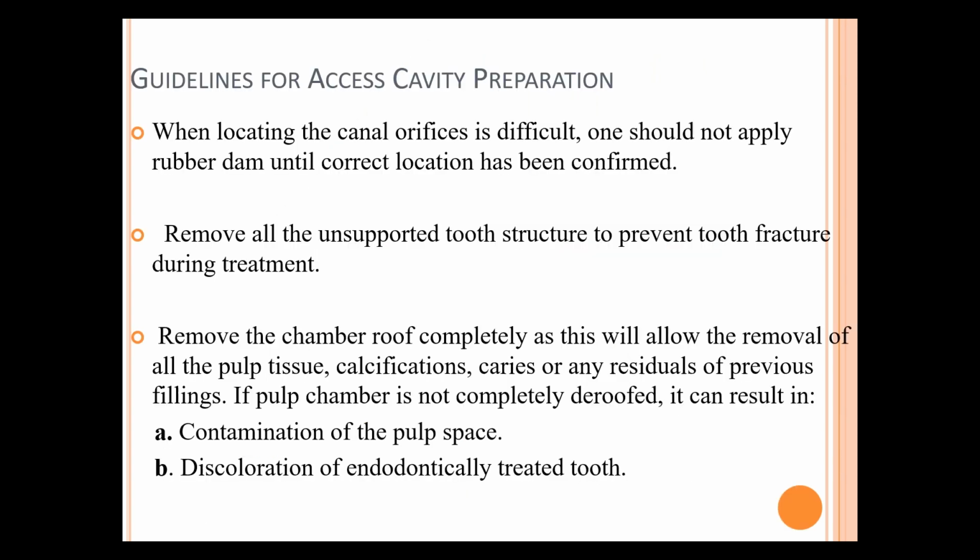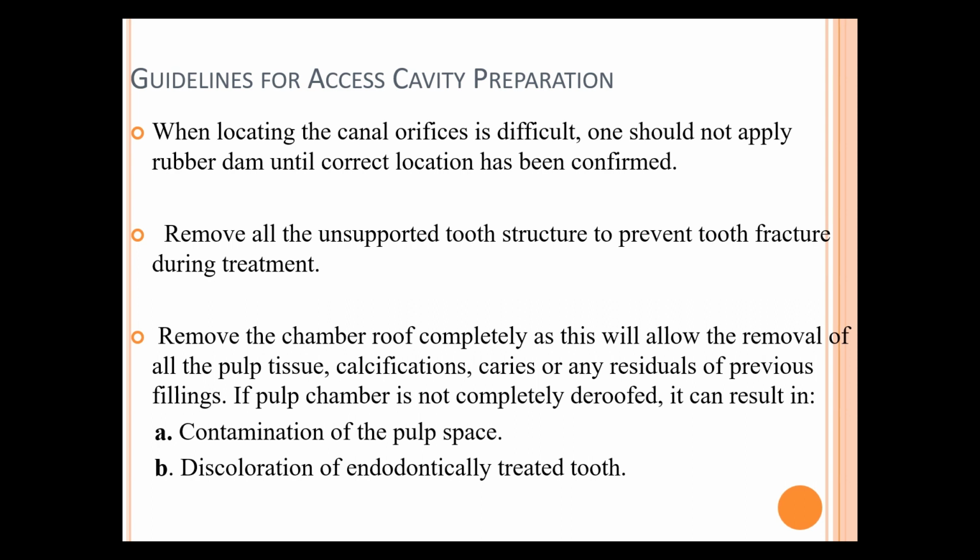Now coming to further guidelines. When locating the canal orifices is difficult, one should not apply the rubber dam until correct location has been confirmed. Second, remove all the unsupported tooth structure to prevent tooth fracture during treatment. Remove the chamber roof completely, as this will allow the removal of all the pulp tissue, calcifications, caries or any residuals of previous fillings.